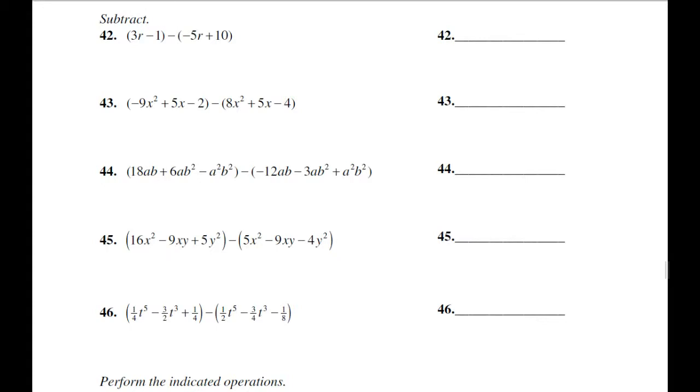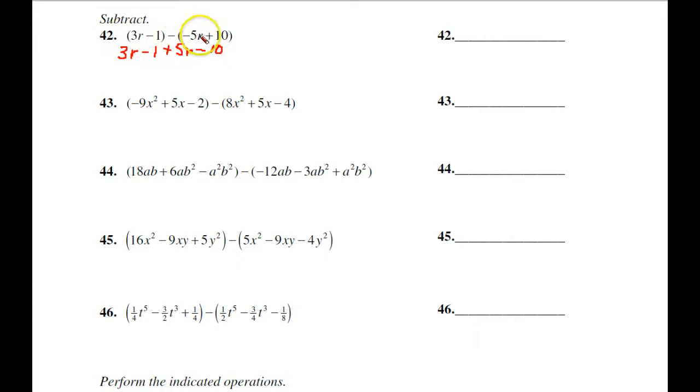We do subtraction by taking away the parentheses and then changing all of these signs. So this then becomes no change here, but now this becomes a positive 5r and a negative 10.